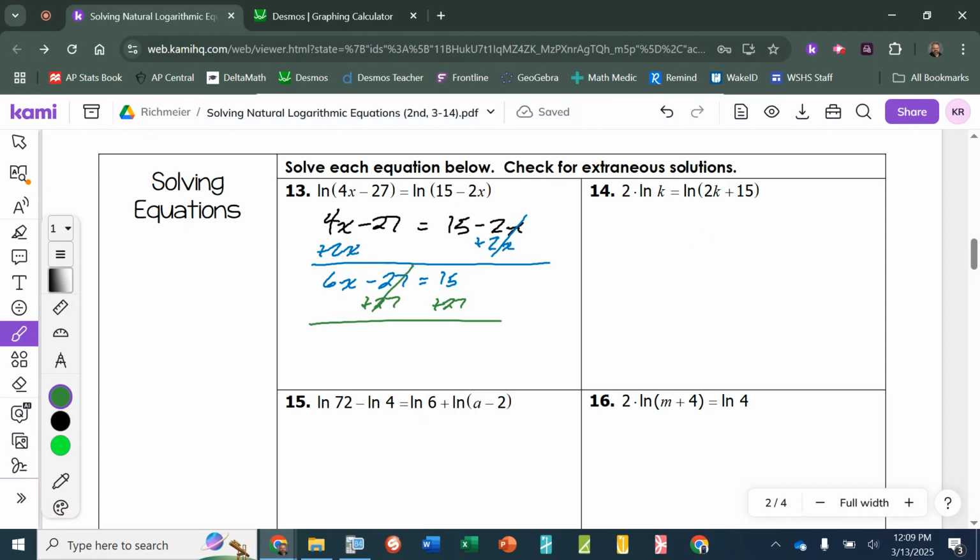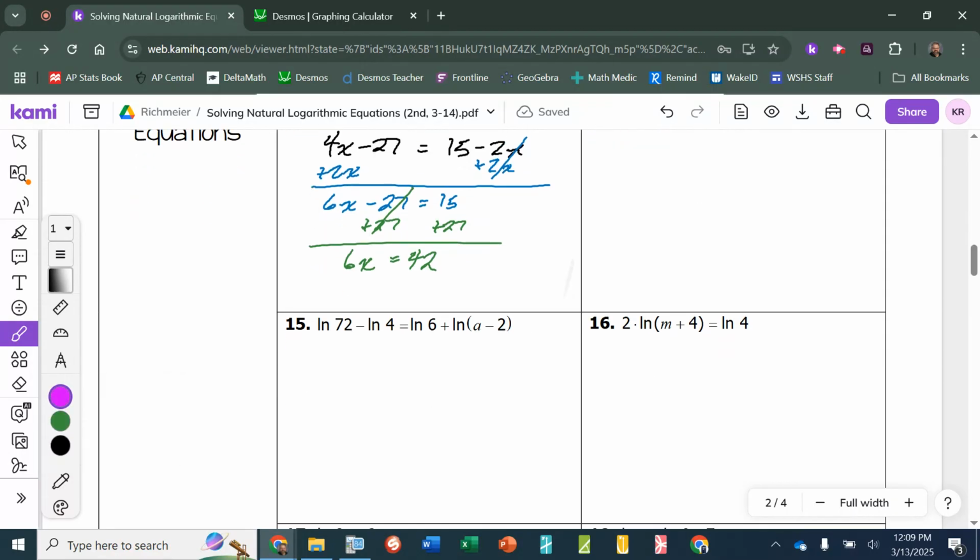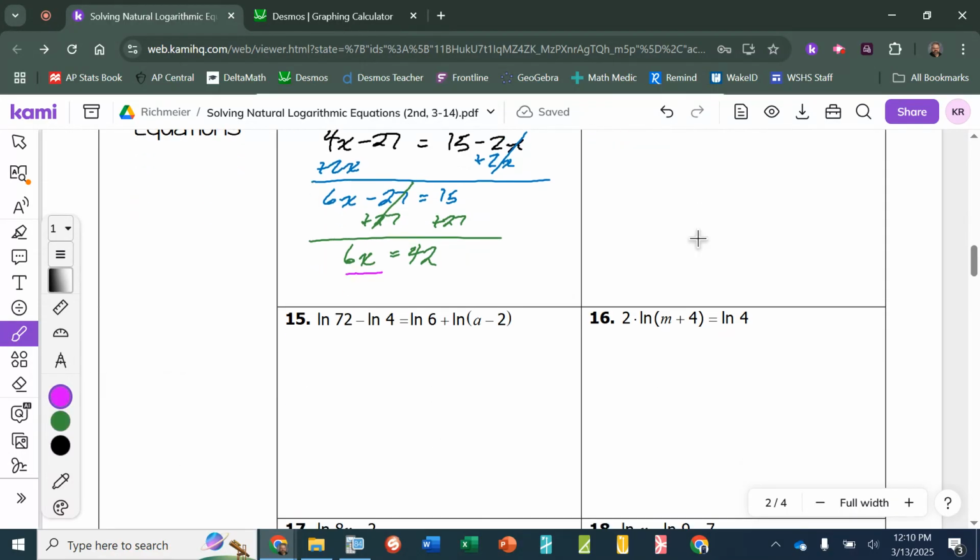On the left, the negative 27 and positive 27 will cancel out. Then I'm going to be left with 42. So I have 6x is equal to 42. Now, finally, what I'm going to have to do is I need to divide by 6. So 42 divided by 6 gives me a result of 7.